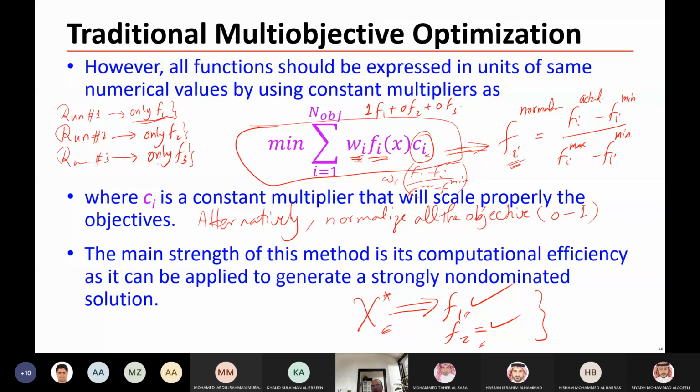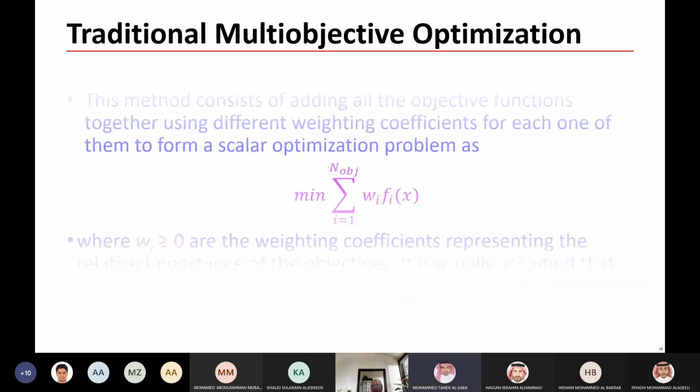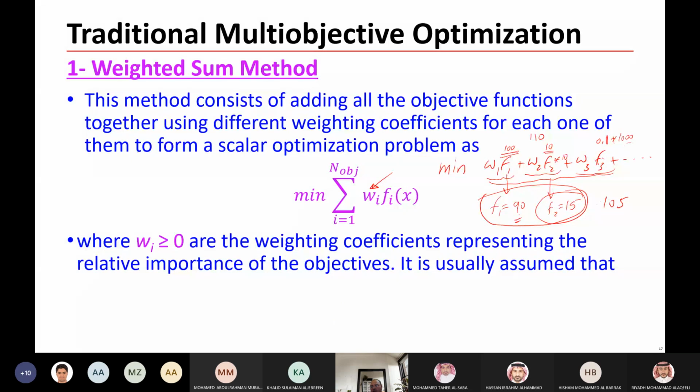I just put 10 here or 1000, but we are not trying to get it exactly. This is subjective. This could be 90, this could be 110, around it. But you have to do it. Otherwise, as I mentioned here, this is the drawback of not scaling. Thank you, Professor.